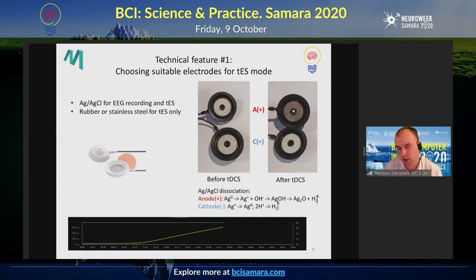If you use AC, then our electrode oxidizes for half a period, and then for another half of the period it is recovered. So it works very well for AC, but not for DC. If you use strong currents, the electrodes will quickly degrade.